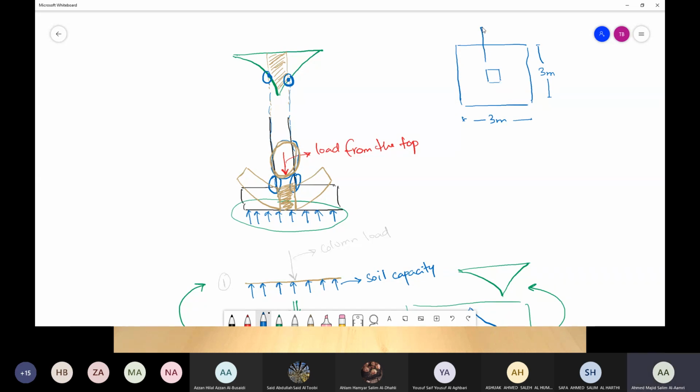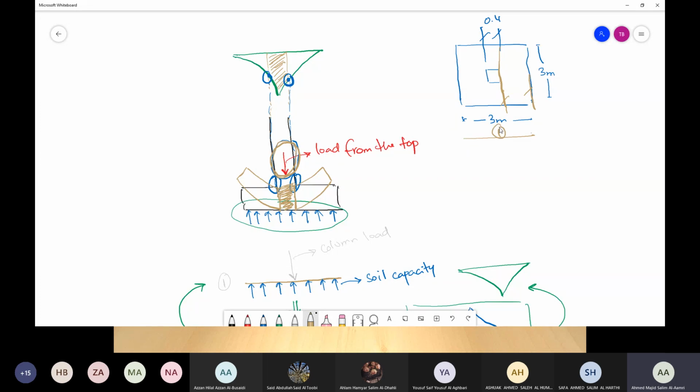The column is, let's say, 400 into 400, or 0.4 meter. Now you can see in this scenario, this distance from here is in one direction. Now let us talk that this is the first direction.